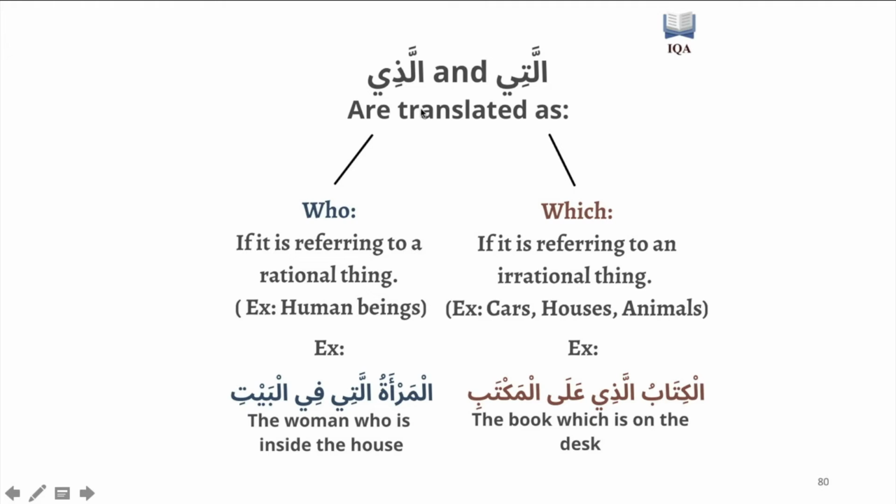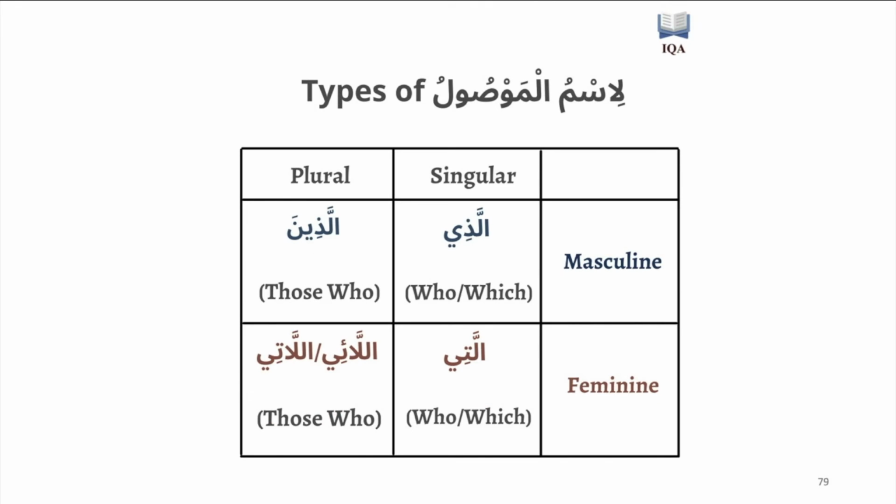On the other hand, alladhi or allati, either, will be translated as which if it's referring to an irrational thing, like cars, houses, animals and other inanimate things. Kitab alladhi ala al-maktab will be translated as the book which is on the desk. So that's how you differentiate between translating alladhi and allati as who or as which, depending on what they're referring to. We also covered the plural forms, alladhina, and the feminine allai and allati. To bring examples of each one, let's go on to the next slide, which will clarify exactly how this looks.